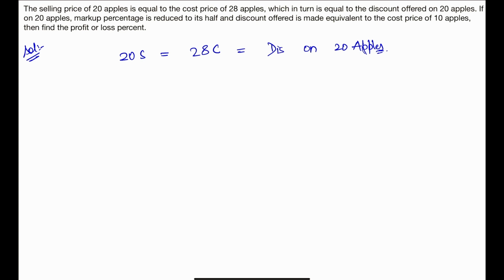Okay, so if on 20 apples the markup percentage is reduced to half, and the discount is equivalent to the cost price of 10 apples, so discount will be 10c.